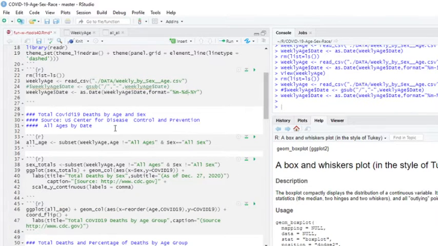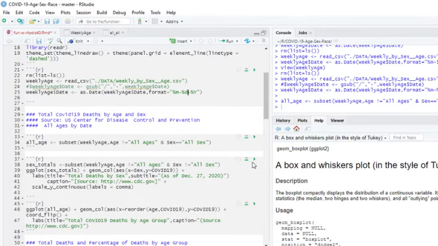All right. So once again, total COVID-19 deaths by age and sex, gender and sex. Source: the U.S. Centers for Disease Control and Prevention. All ages. Now we're going to pull out only the records that do not contain all ages or all sexes, because these are the summary lines. Okay.